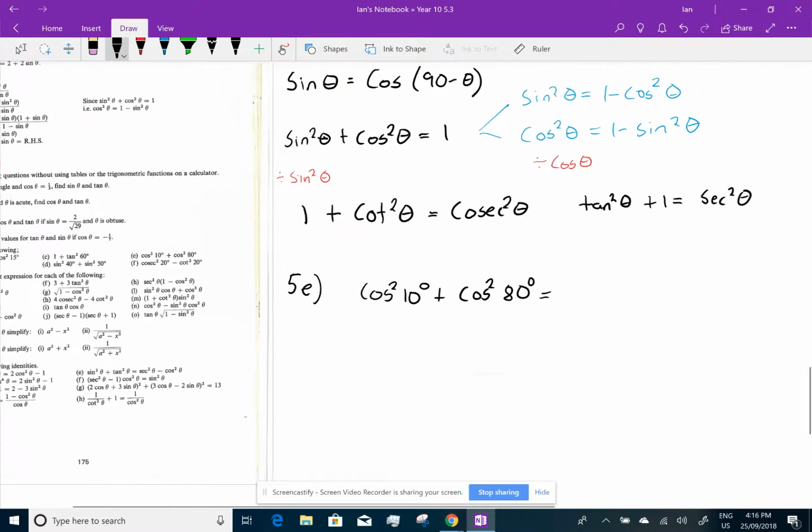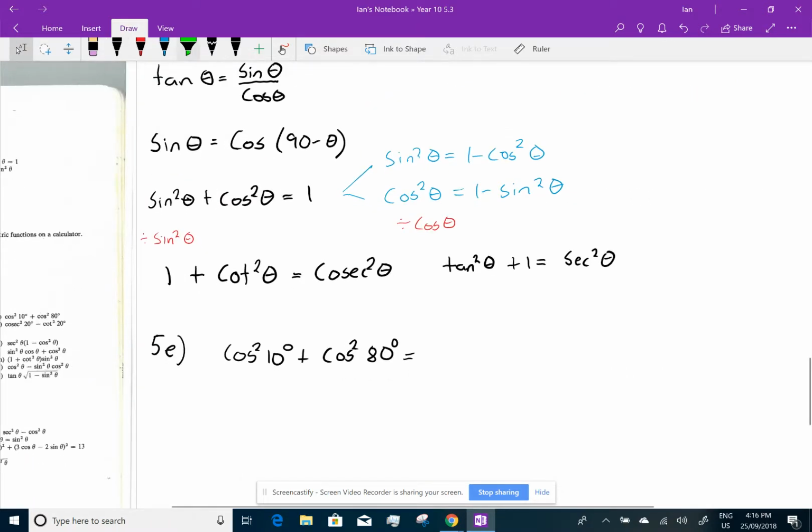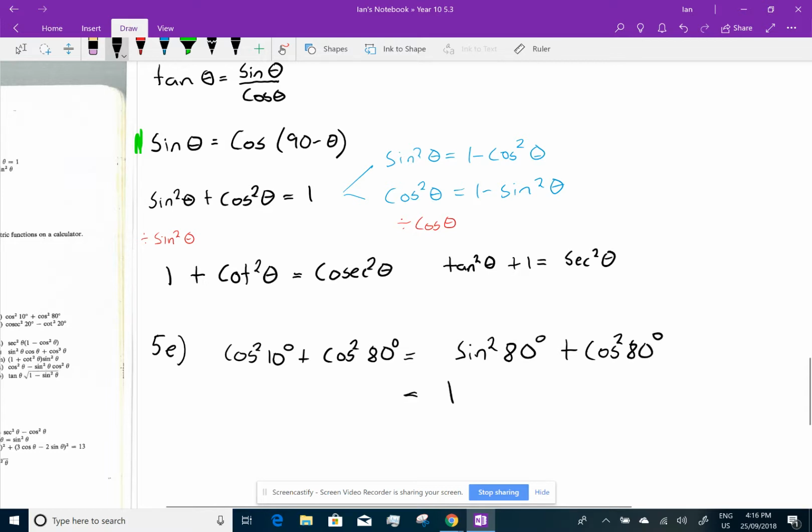Well, for cos squared 10 degrees, I'm going to use this rule up here, sine theta equals cos of its complement. I'm just going to write that as sine squared 80 degrees plus cos squared 80 degrees, and that equals 1. See how I rewrote cos squared 10 as sine squared 80? Because cos of an angle is sine of its complement.